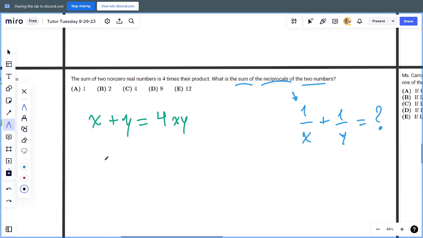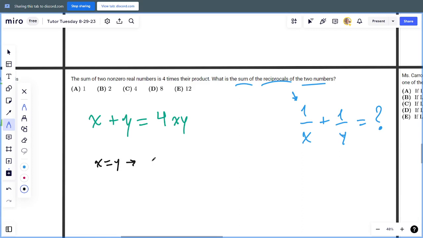But if you guys were solving this for the first time, the sum of the reciprocals of the two numbers. Let's see, 1 over x plus 1 over y. One thing you could do is you could just plug in numbers. If you didn't know how to solve this algebraically, you could assume that they're both the same number.